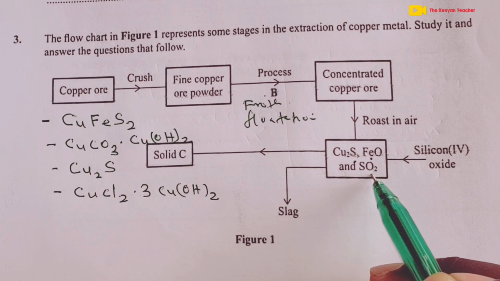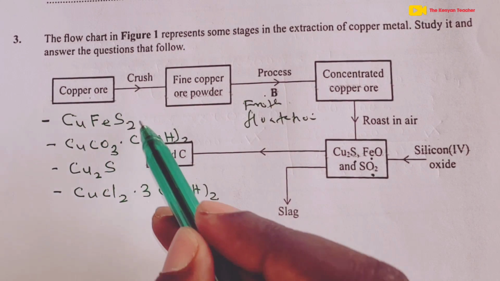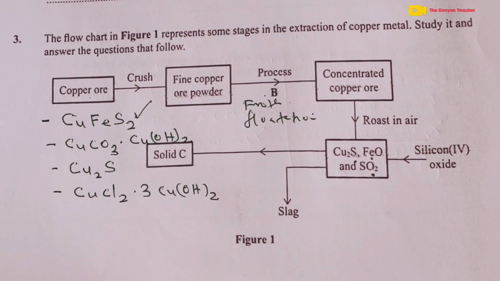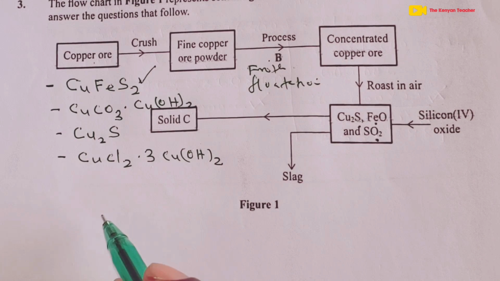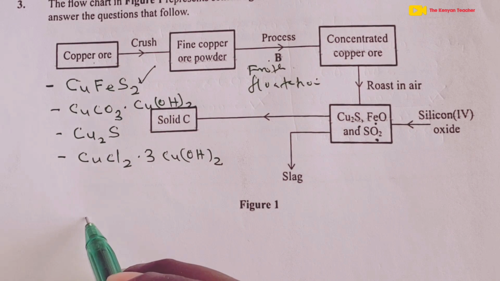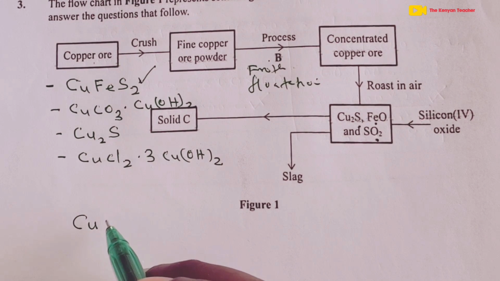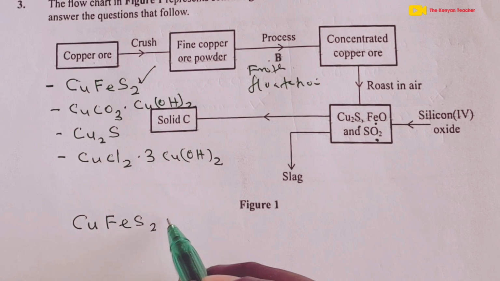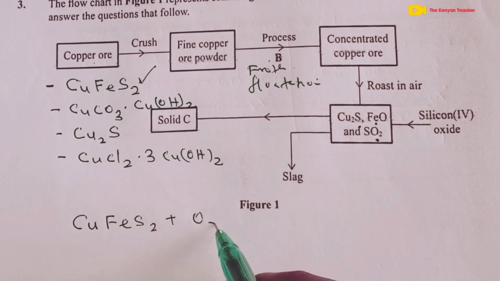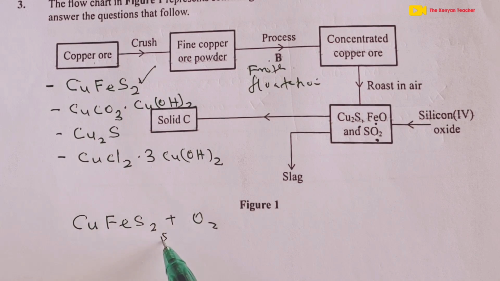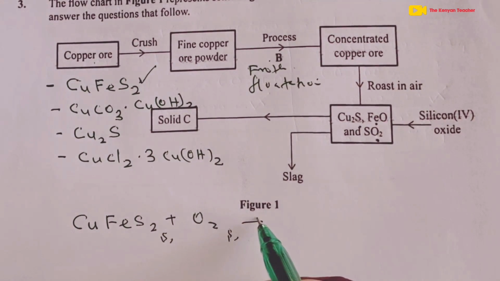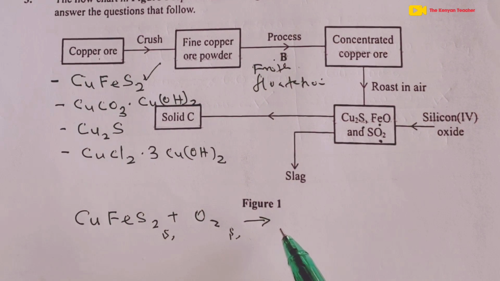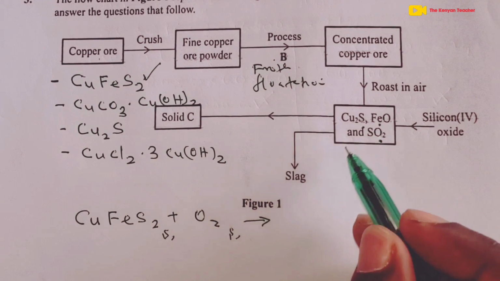Dear learner, we realize that this ore that we used at this point was actually copper pyrites. Why do we say so? We say so because when you roast copper pyrites in air, this is the equation for the reaction that occurs, and we are able to get the products that are indicated in this box.